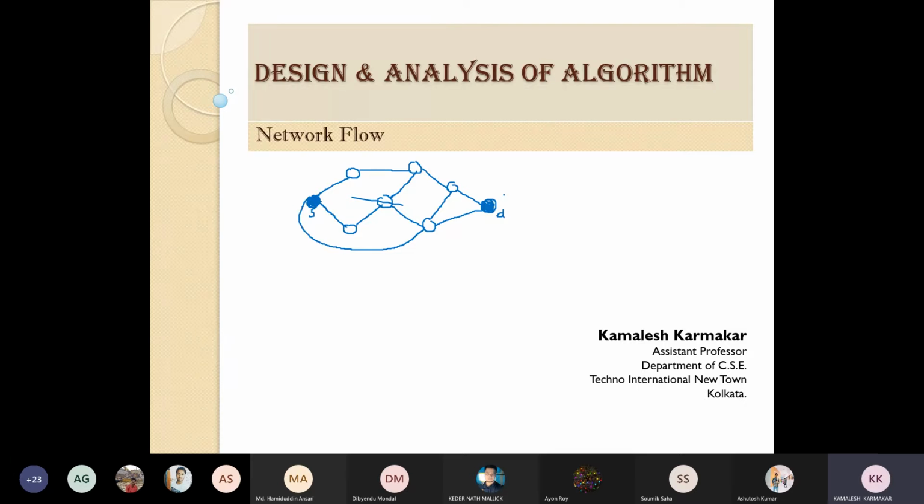Now our objective is to determine the maximum flow. Through this network, what can be the maximum flow? If we want to calculate the maximum flow, for each and every link, consider that these links are basically pipes by which two stations are connected. So each must have a capacity.